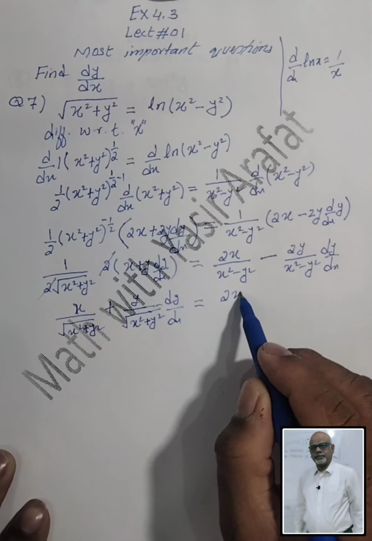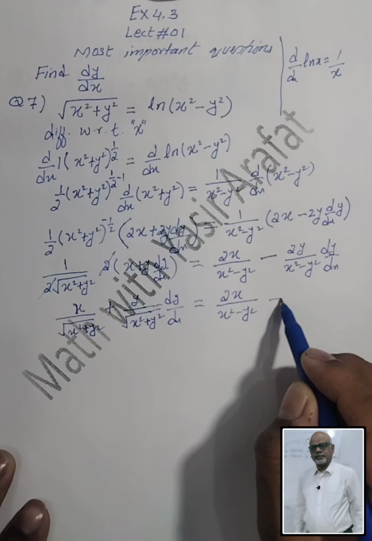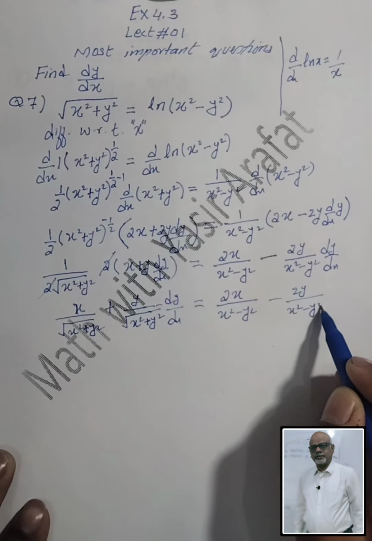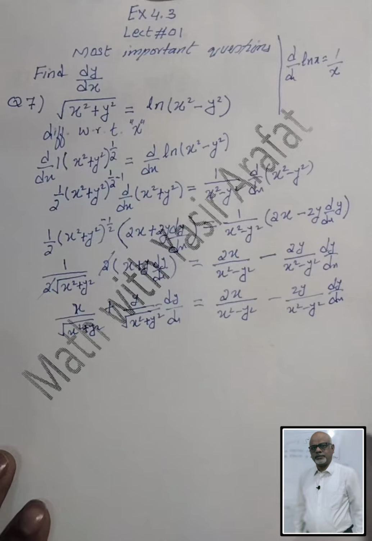So here in this equation, this is x square minus y square 2y over x square minus y square dy upon dx.